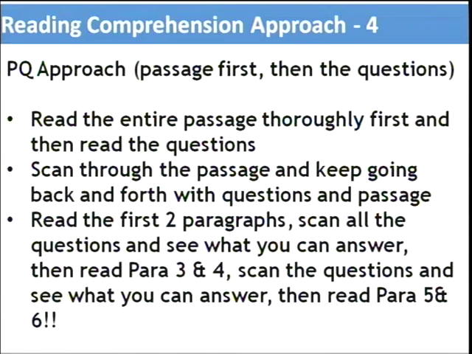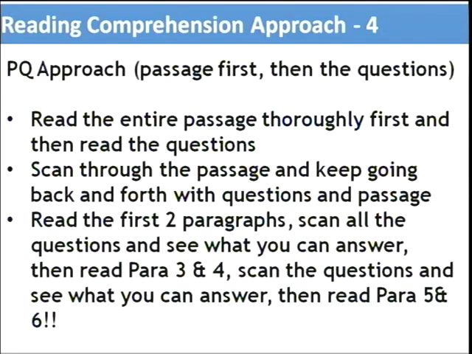I'm going to skip to the PQ or the QP approach. What you have on your screen right now is the PQ approach, which means passage first and question next. So read the entire passage thoroughly first and then read the questions. Scan through the passage and keep going back and forth between question and passage. Read the first two paragraphs, scan all the questions and see what you can answer.